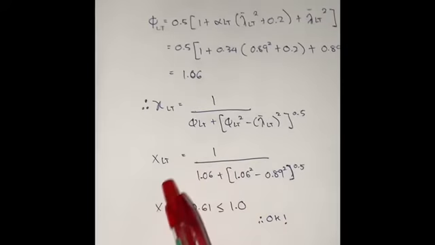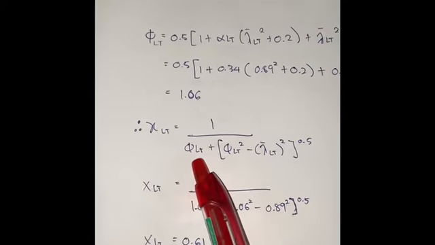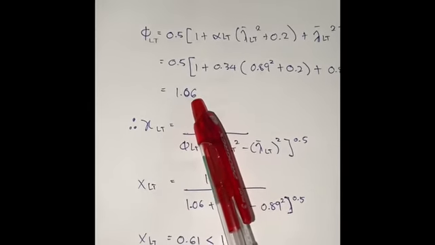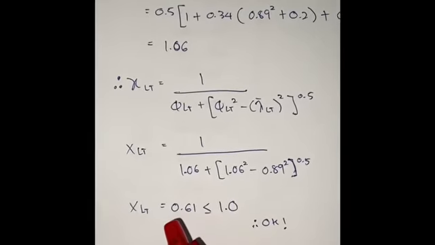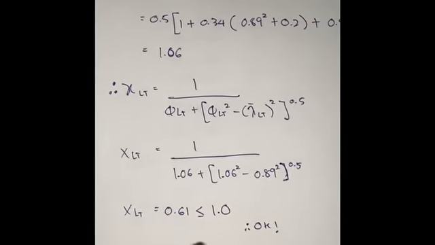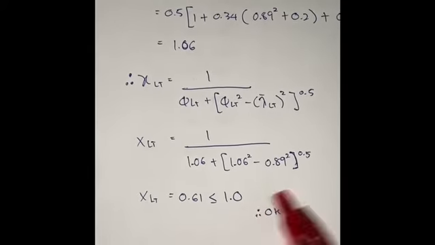So in the reduction factor of lateral torsional buckling, we just put in the phi LT that we have got here, and then we will get 0.61, which is below 1.0. So the reduction factor is okay to be used.